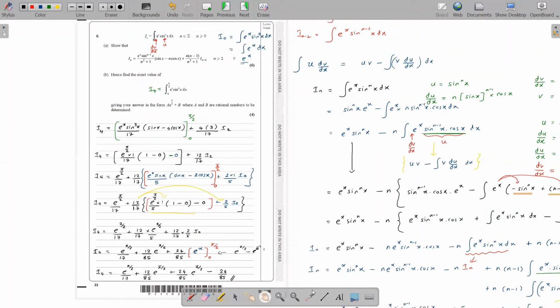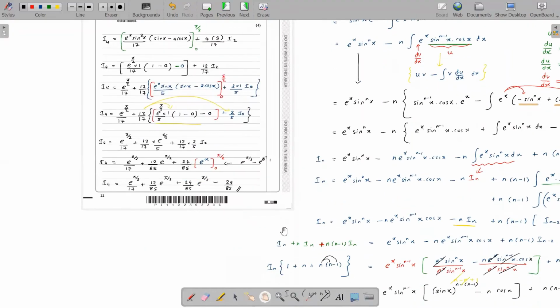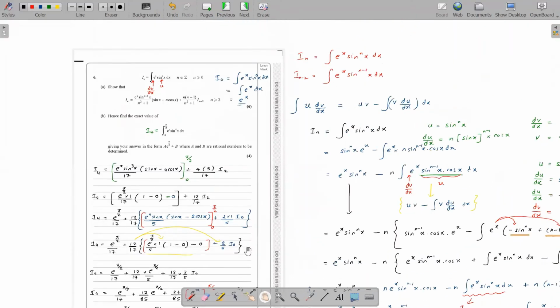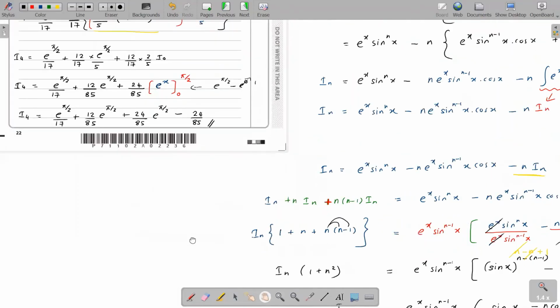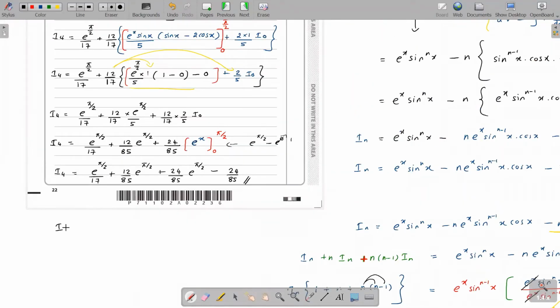So what was the answer? They say giving your answer in the form a e to the power pi over 2 plus b, where a and b are rational numbers to be determined. So do we have a e to the power pi over 2 plus b? Yeah, right? So this is I4 equals e to the power pi over 2 is a common number here, right? Yeah, we can simplify further. And minus 24/85 comes separately.